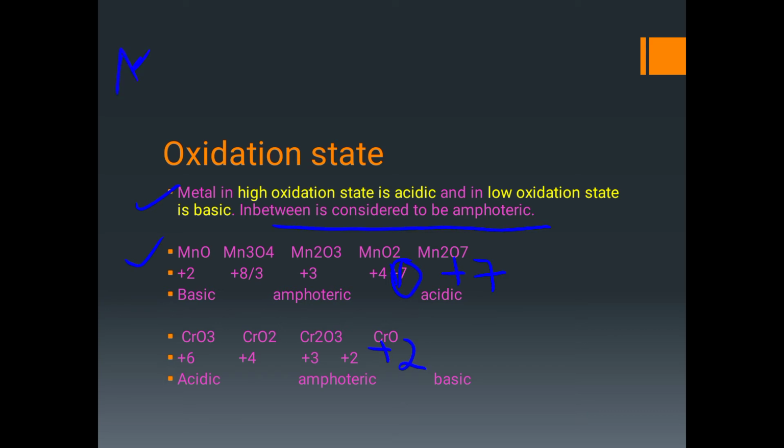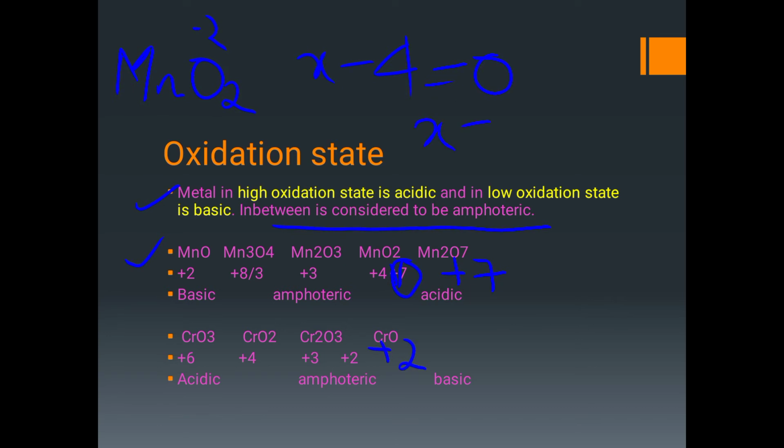Say I take MnO2. We know that oxygen over here is -2. Since there are two oxygens, let us consider Mn to be X. These are two oxygens, so we get -4, and the sum is equal to 0.